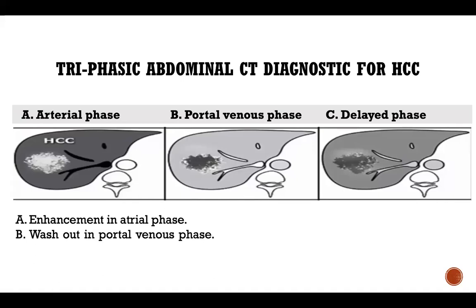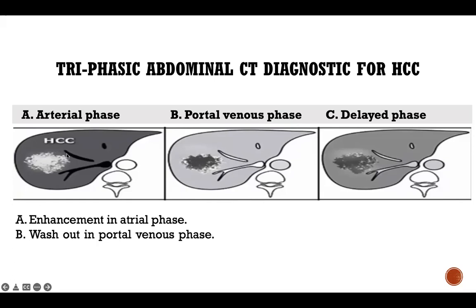When we inject the contrast during the portal venous phase, when the blood goes through the portal vein to supply the hepatocytes, we see the contrast. The liver is white now, right? But here it's gray.